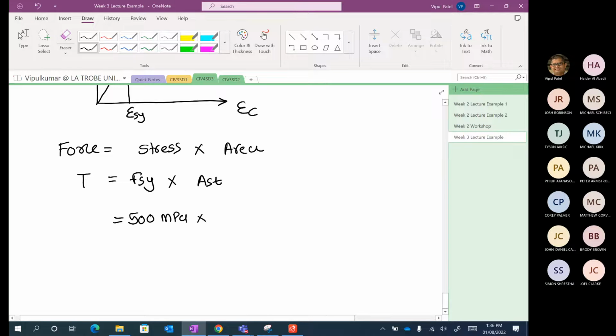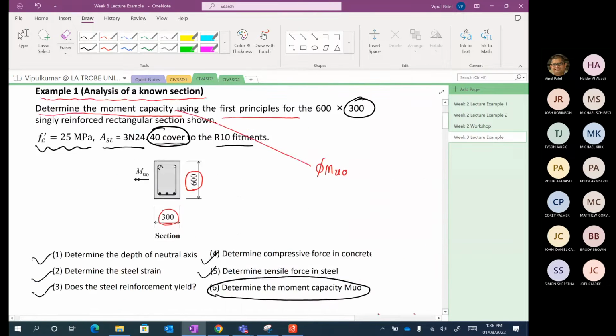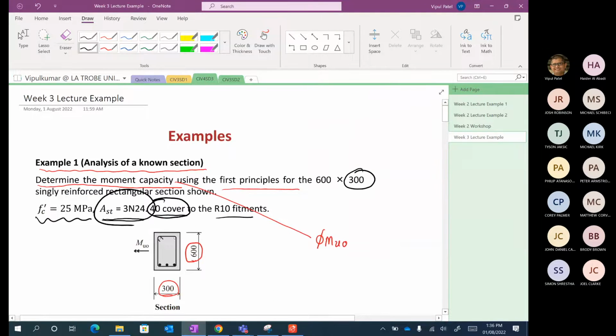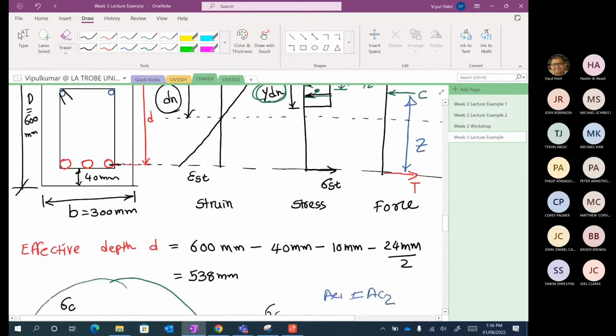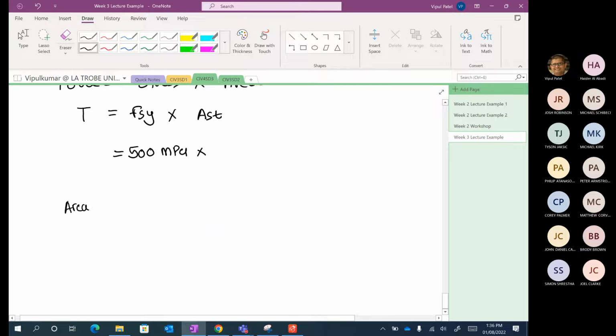Now how much Ast, how many bars have we been given? We have been given 3 N24 bars. Now the area of steel, we have 3 N24 bars. We use the Rio data tables.